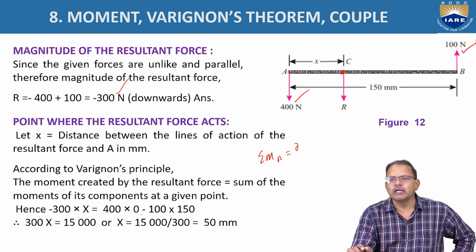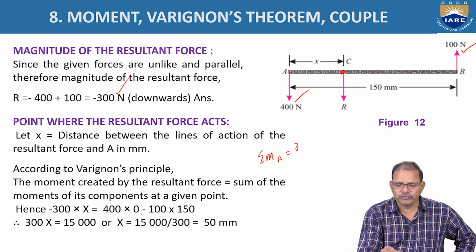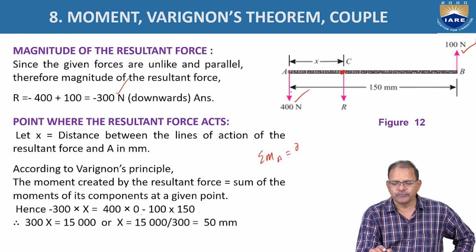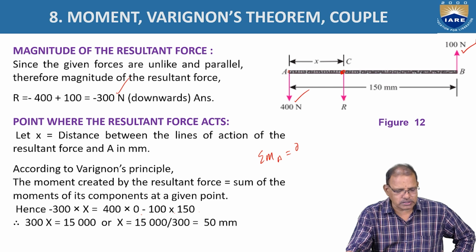The moment created by the resultant force at point A is equal to R into x. R is equal to 300, but it tends to rotate the body in the clockwise direction. Generally, clockwise moments are treated as negative.